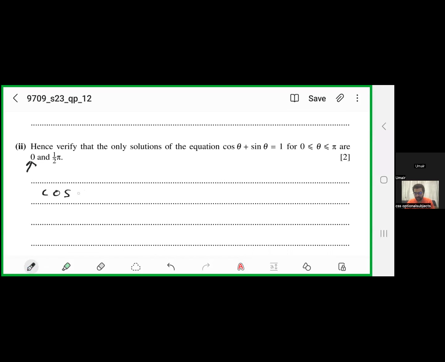Cos in place of theta put 0, sine in place of theta use 0. Is it equal to 1? Yes, cos 0 is 1, sine 0 is 0. So this is true. Then let us use theta equal to pi by 2. So cos pi by 2 plus sine pi by 2, whether it is equal to 1. Yes, this is equal to 0 while this is equal to 1, so yes, this is true.